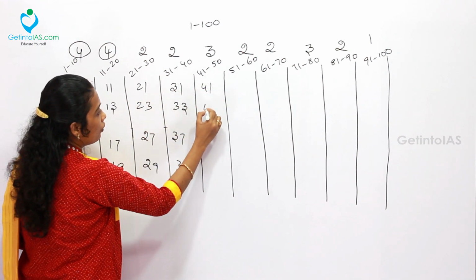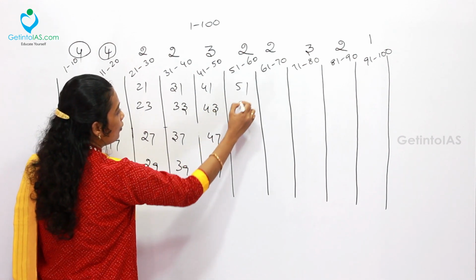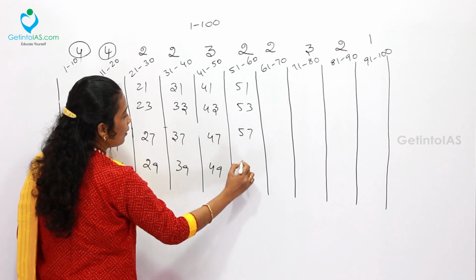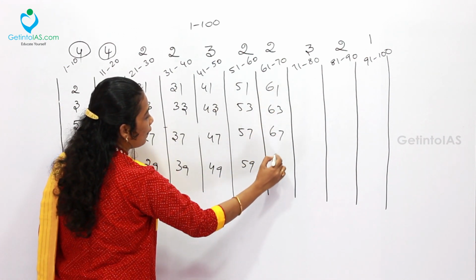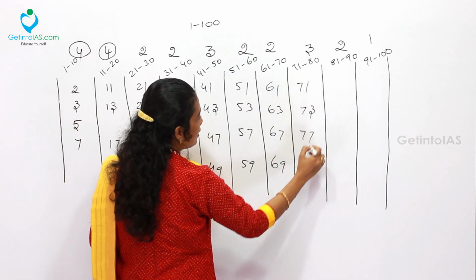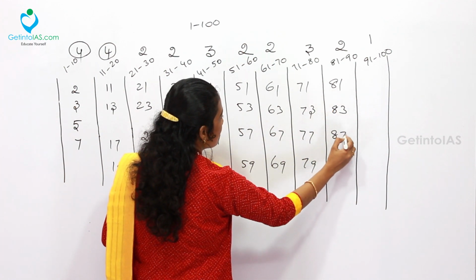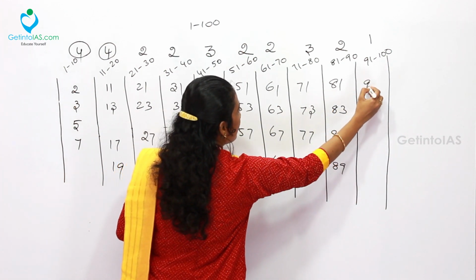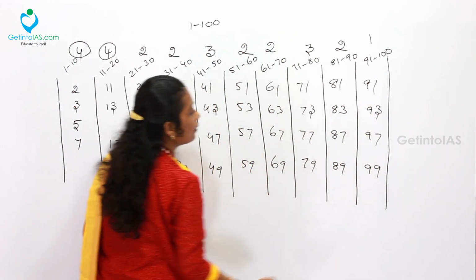Then 41, 43, 47, 49, 51, 53, 57, 59, 61, 63, 67, 69, 71, 73, 77, 79, 81, 83, 87, 89, 91, 93, 97 and 99.